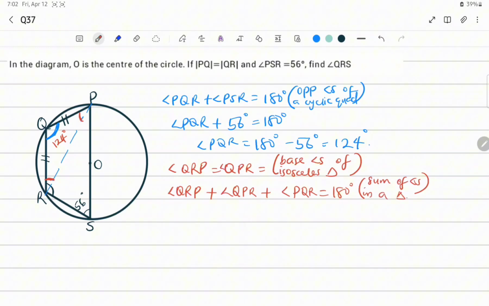That is, we are referring to this triangle Q, R, and P. So QRP and QPR, of course, they are the same, so I can just pick one of them.